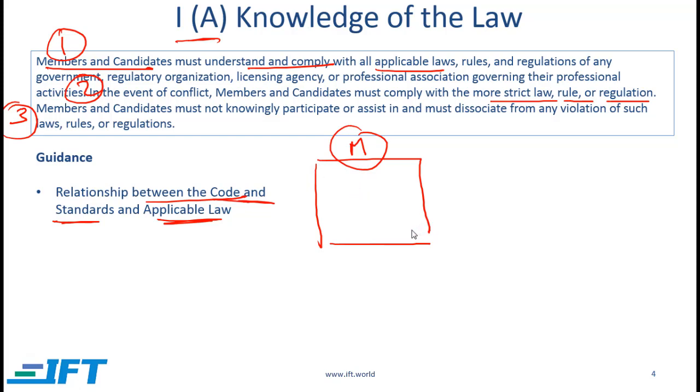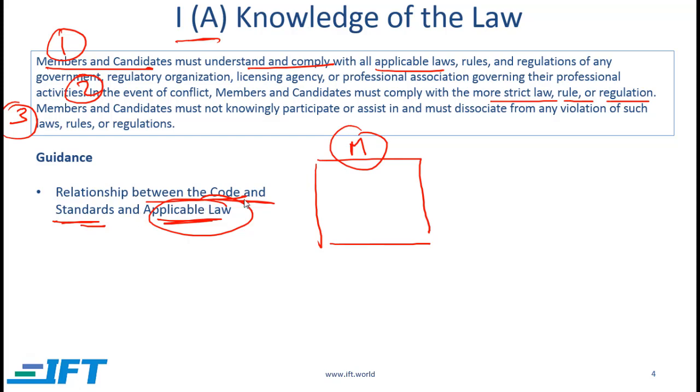So clearly, the laws of Malaysia related to investments and investment advice and investment research will apply to you. That then is the applicable law for you as someone operating in Malaysia. Given that you have also signed up for the CFA exam, you are now a candidate. So the code and standards also apply to you.